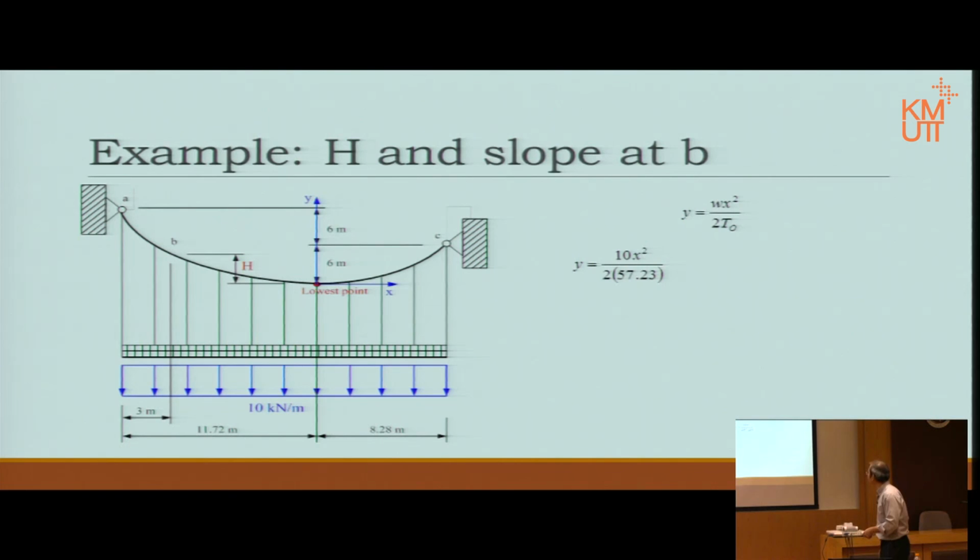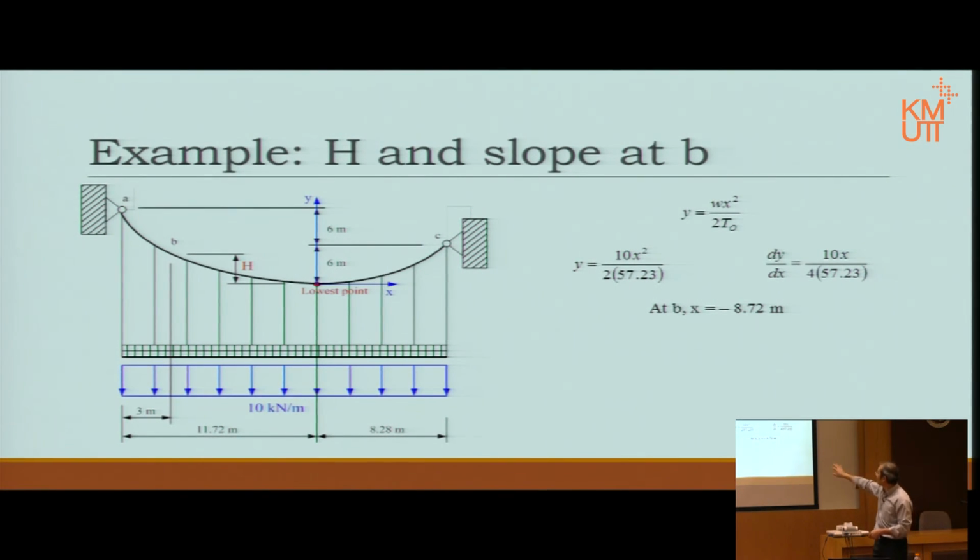So we substitute into it. We also know T0. The left-hand side is the expression for y, the right-hand side is the expression for the slope. I just substitute only T0.